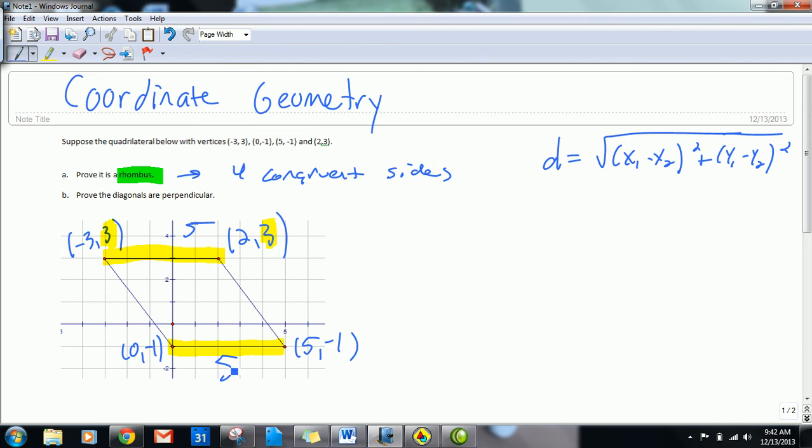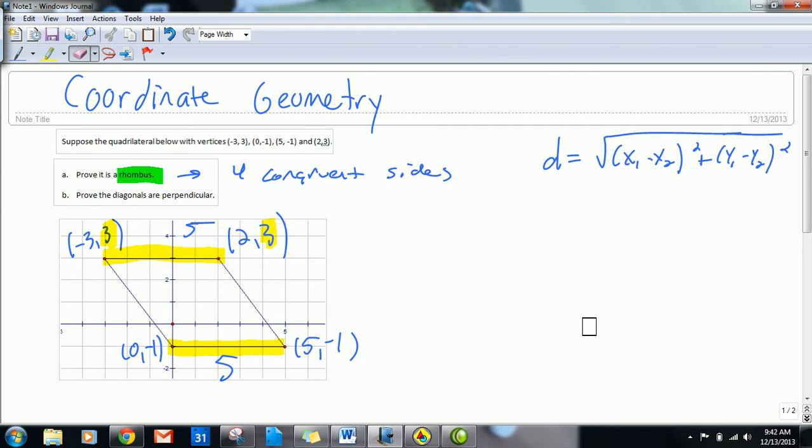You certainly could use the distance formula, but you don't have to, because those 2 points, 0, -1 and 5, -1, have the same y value. They're along the same horizontal line, as do these 2 points. So you can just count or think about distance on a horizontal number line. Anyway, those are 2 lengths which we have.